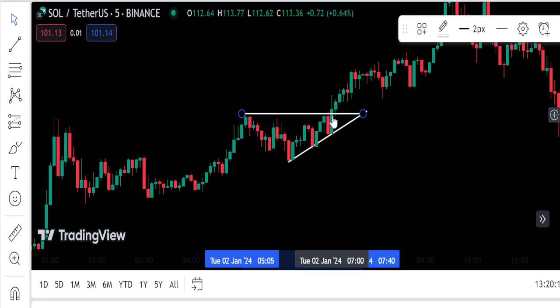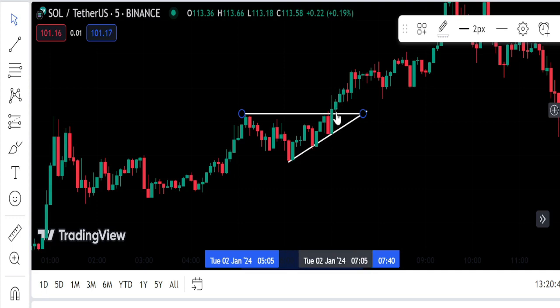So we could either enter the trade on the breakout, or we could also enter the trade on the retracement. For example, this doji candle here that hits this line back again, we could enter the trade and we could place our stop loss. For example, if we enter the trade on this breakout, our stop loss again is 1, 2, 3 candles. It will be about here and 5 cents.